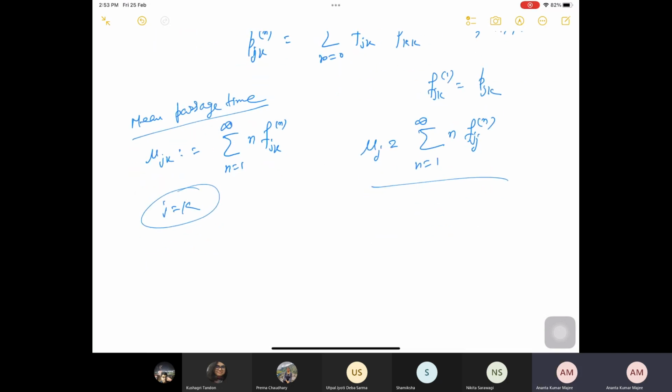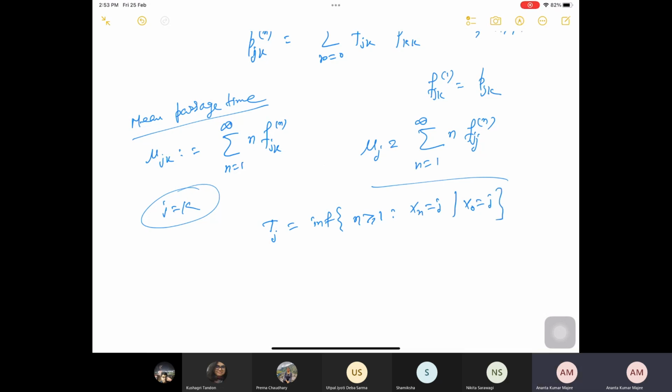How to visualize that part? For that, I am defining the following random variable T_j, which is the infimum of n greater than or equal to 1 such that X_n is equal to j, given X_0 is equal to j.